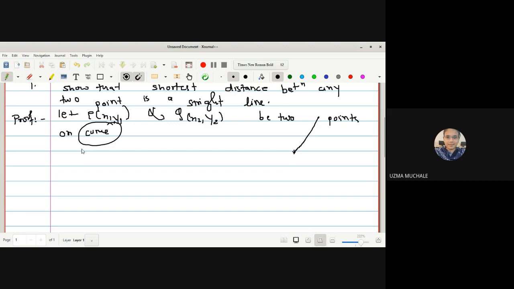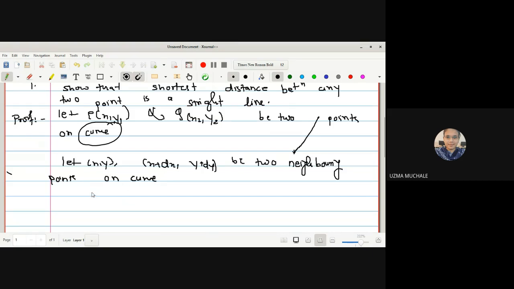So for that, what we will consider, let (x, y) and (x plus dx, y plus dy) be the two neighboring points on the curve.